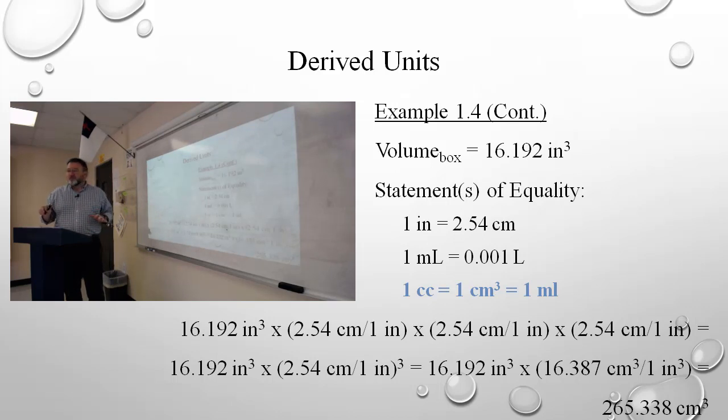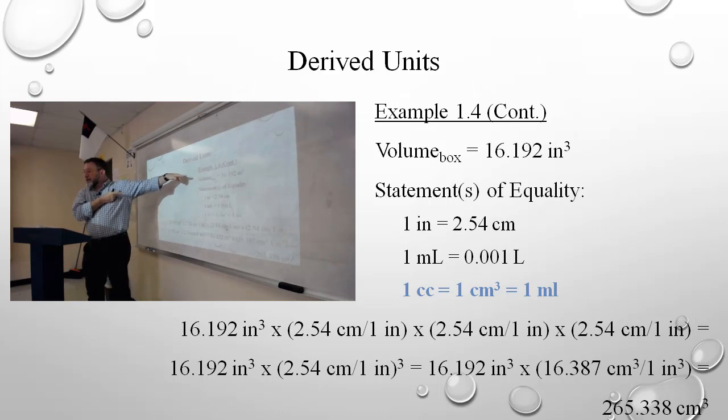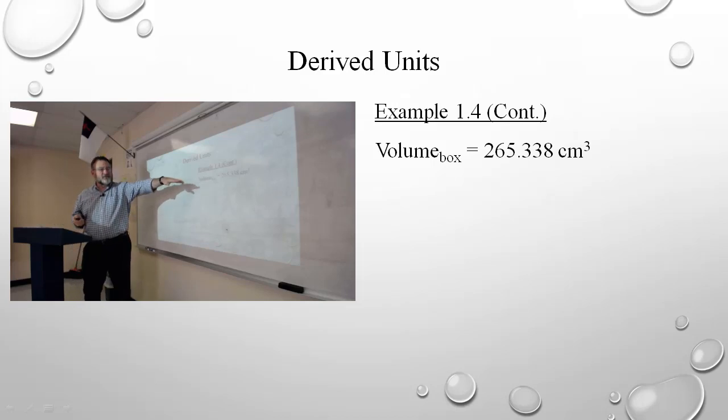So what have I just done? I've translated from the language of cubic inches into the language of cubic centimeters. Is that what I was asked for? No. Okay, so there's more steps I need to do. Now I know that the volume in cubic centimeters is that number.